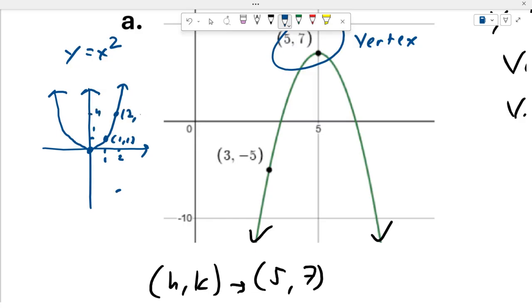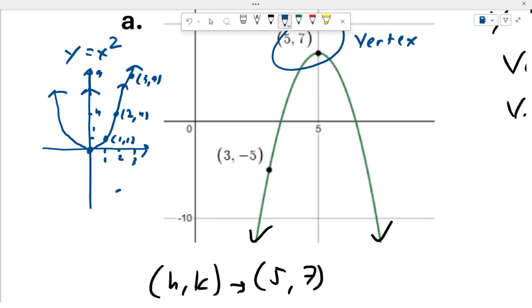So (2, 4), because 2 squared is 4. And then at 3, we'll extend it a little bit. At 3, you're going to be at 9, because 3 squared is 9.